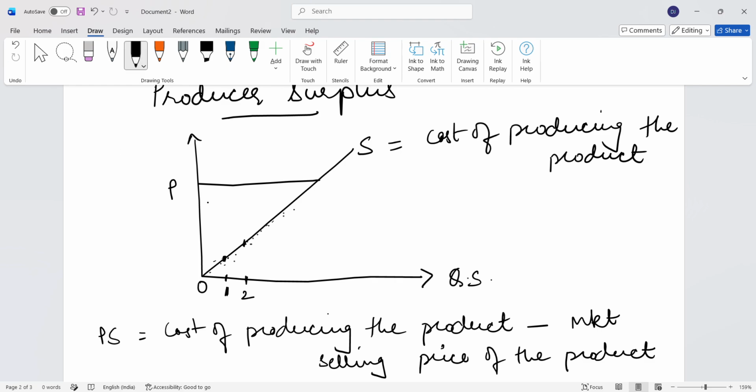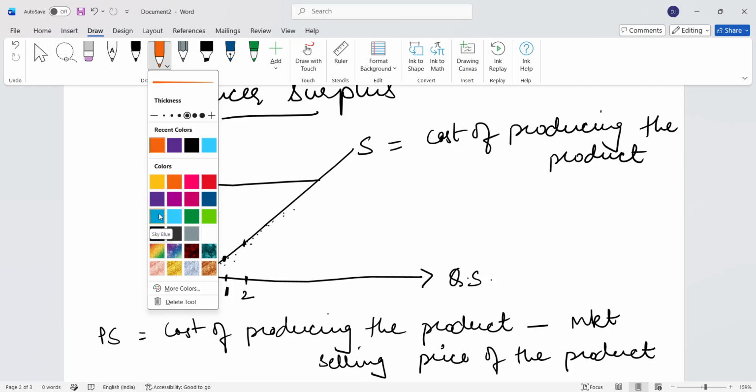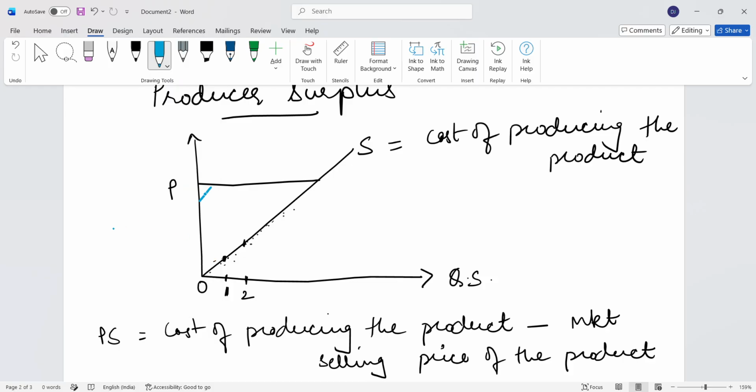All right. Now, in this case, the market selling price is this P. So in our example, the producer surplus is basically this entire area, because that's the cost of production of producing the product, but the market supply is this much. So this entire area is your producer surplus for a product, the quantity of the product being here.